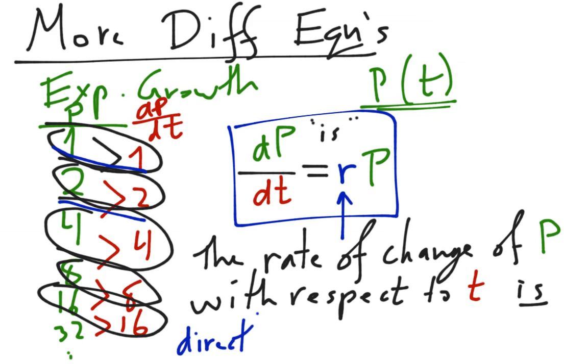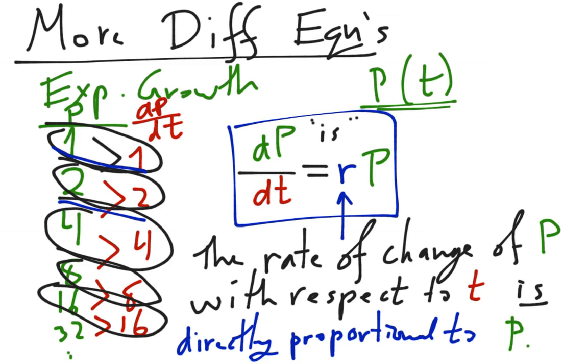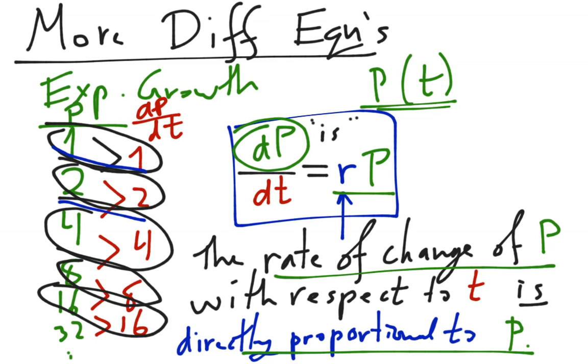You learned this in Algebra 1, directly proportional is just a constant times the value. And what is it proportional to? It's proportional to the population. And so because it's the rate of change of P, that's dP dt, and directly proportional to P is R times P, or a constant times P.